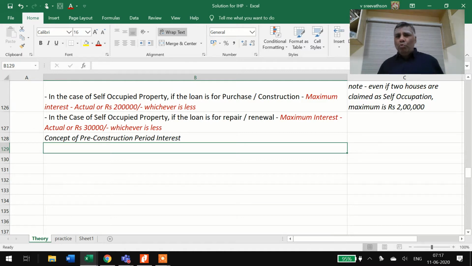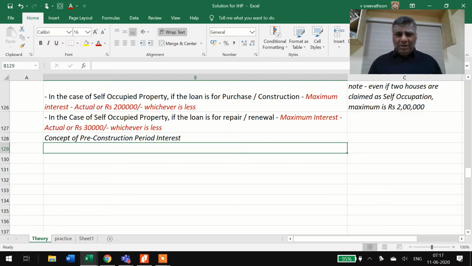Okay, what is this? Friends, we all know that if I start construction now, I cannot complete it immediately. It might take some period of time to construct. And if I am booking an apartment, they will take 2-3 years to hand over.